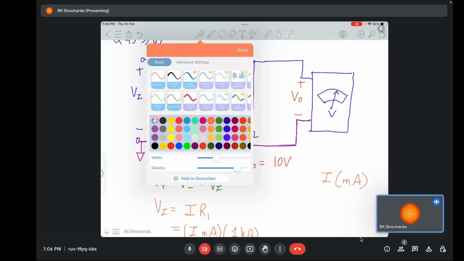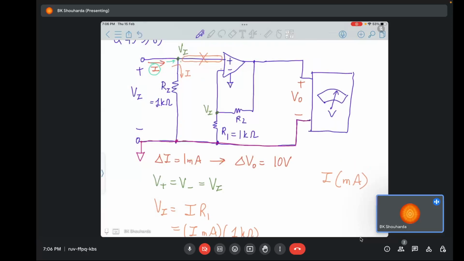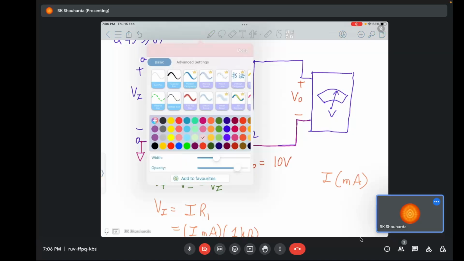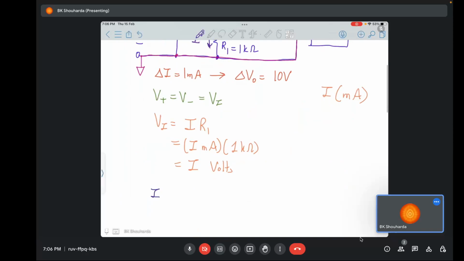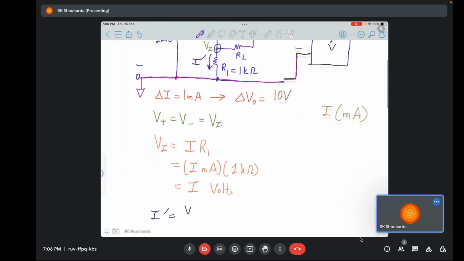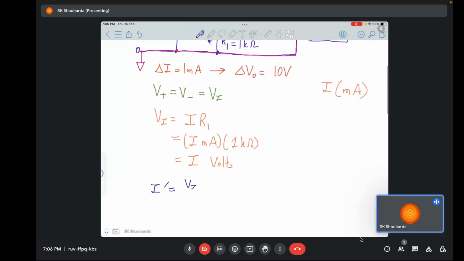Now how do we proceed? Now we look at this terminal. The current flowing from this node to R1 can be easily calculated. Let me denote that by I prime. So I prime will be Vi upon R1 because the other terminal is at ground.